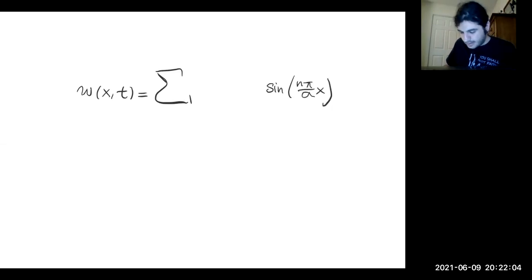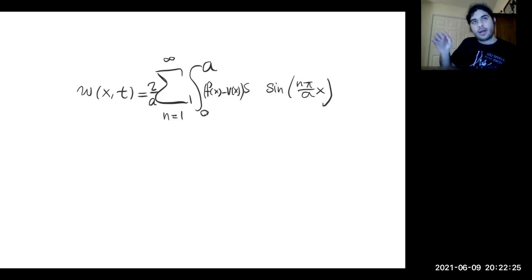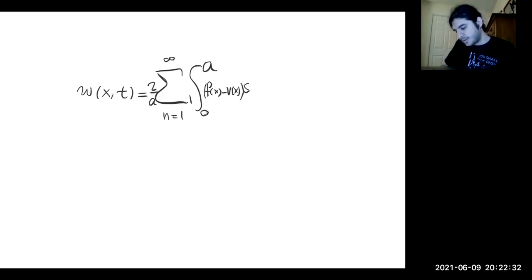Now we have these numbers Cn. They are equal to 2 over a, the integral from 0 to a of f(x) minus v(x) times sine of n pi x over a, dx.